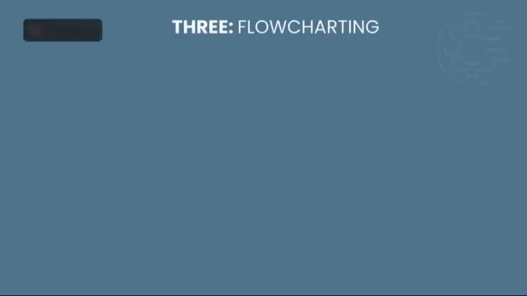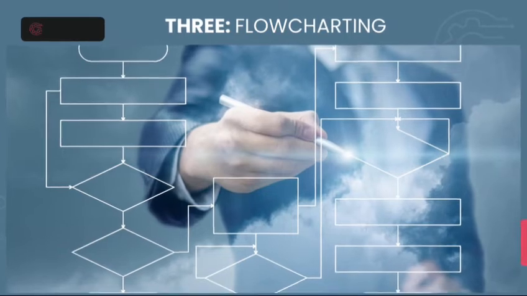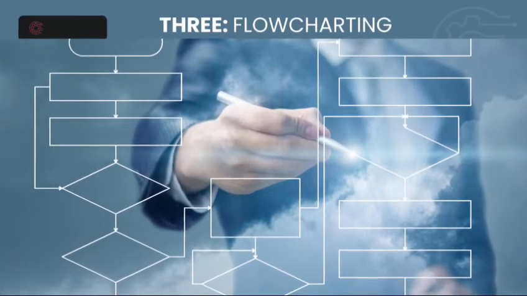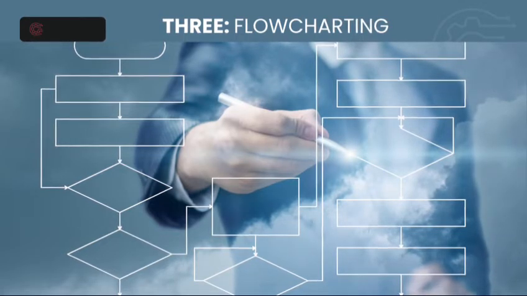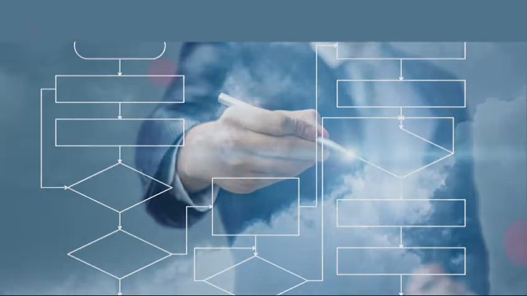Also, we have the third stage, flow charting. Last time we talked about flowchart. I told you a flowchart is the diagrammatical representation of an algorithm. Are you through writing an algorithm and you want to design a flowchart? Firstly, you must design your flowchart. Flowchart has different symbols.